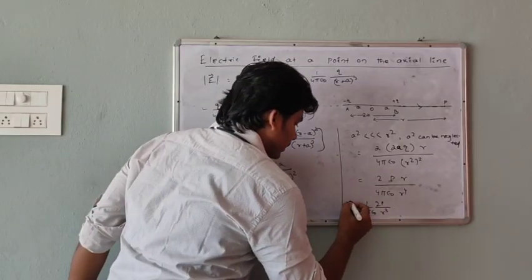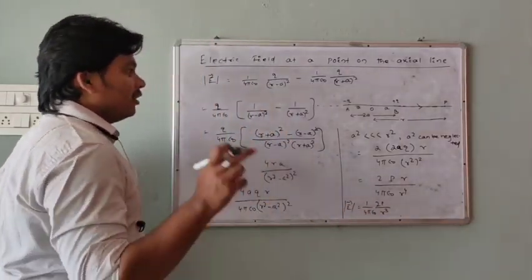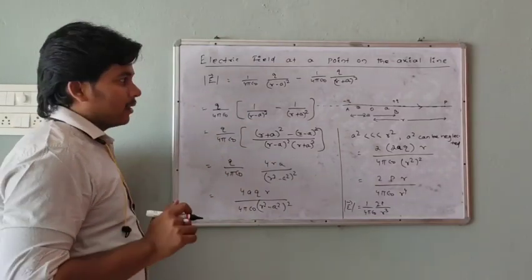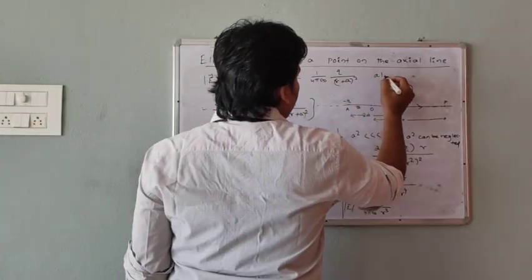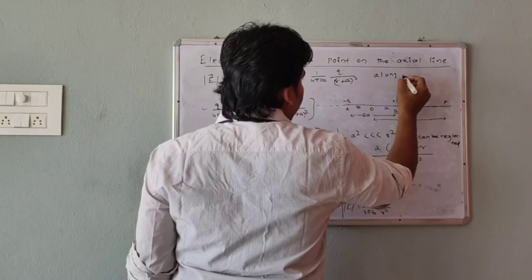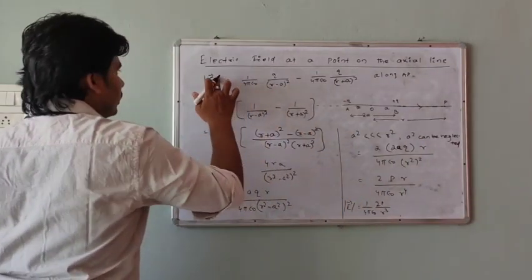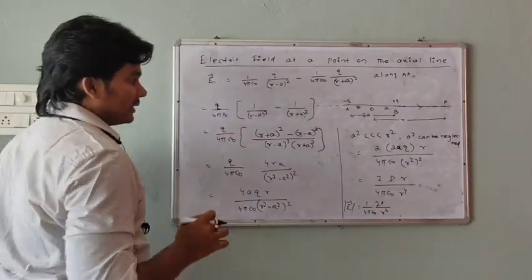If you see, this is the magnitude part. If you write the direction part also, everywhere you can write along AP. This will be only the direction part.